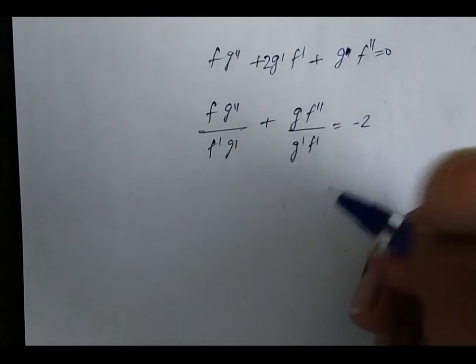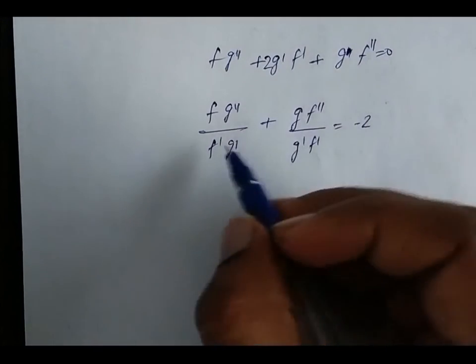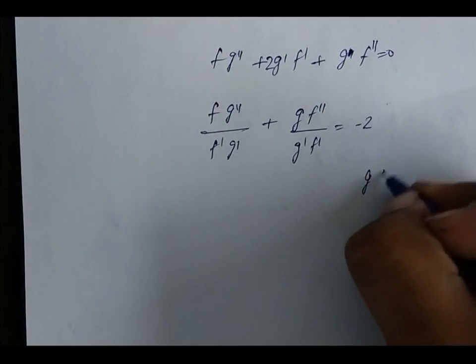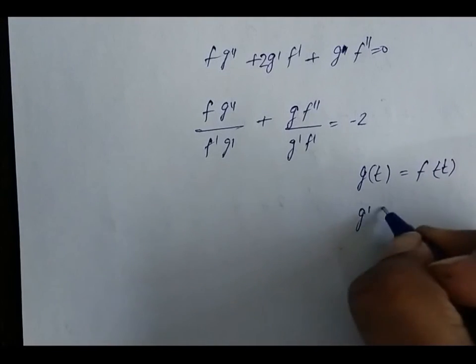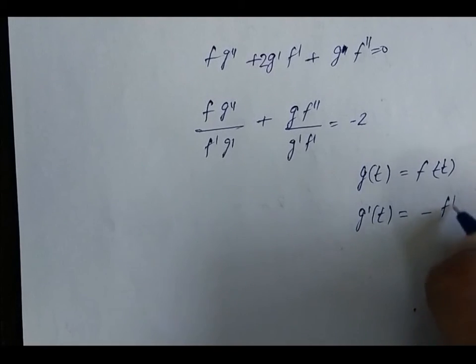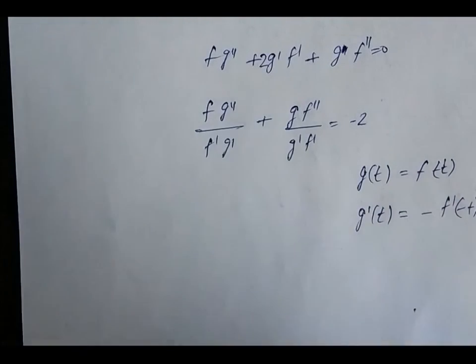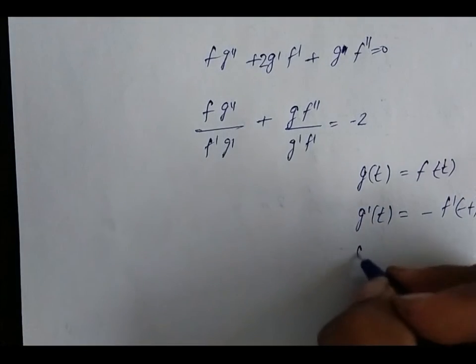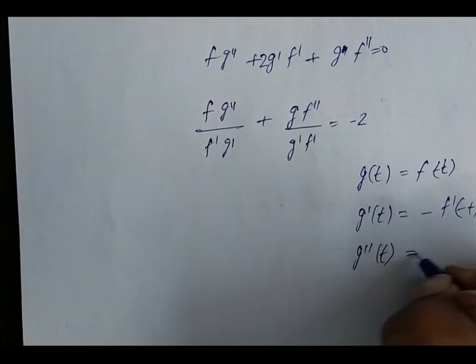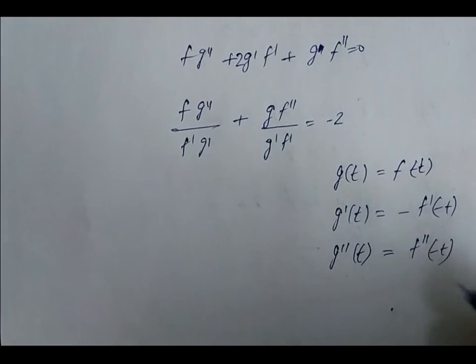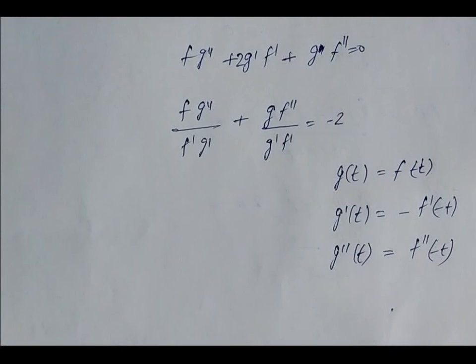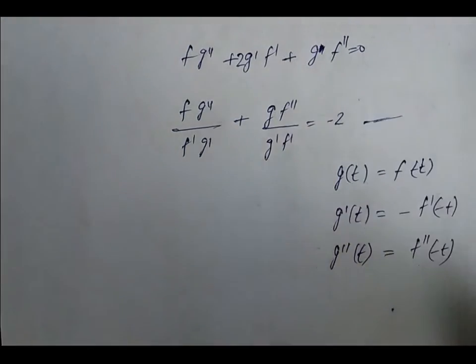But we also know that gt is equal to f of minus t. So therefore g dash t will be equal to minus of f dash minus t, and g double dash t would again be equal to f double dash minus t. Now substitute these values in this equation.